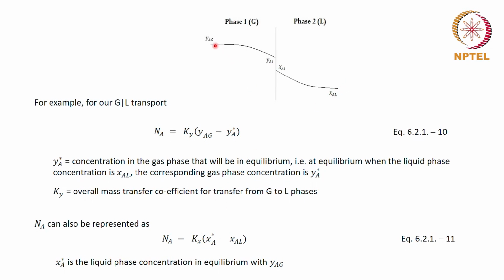XA star represents the concentration in the liquid phase that will be in equilibrium with YAG, and therefore that provides the needed driving force. So by this process, we have expressed the flux in terms of a difference between concentration in one phase and an equivalent concentration in the other phase, and also in terms of an overall coefficient.